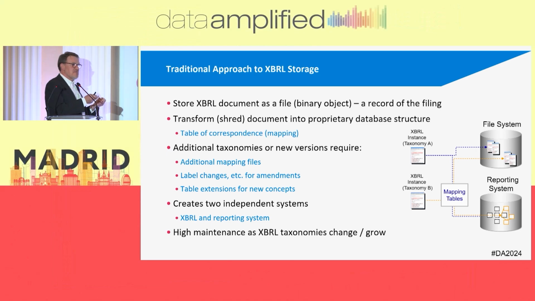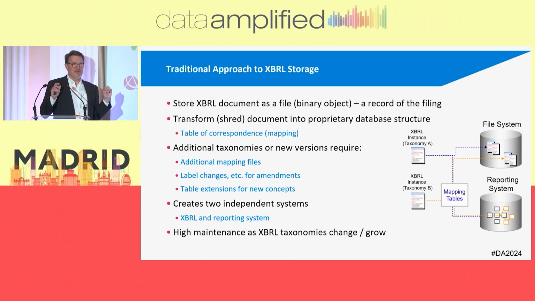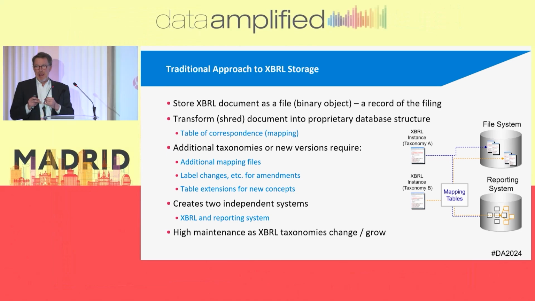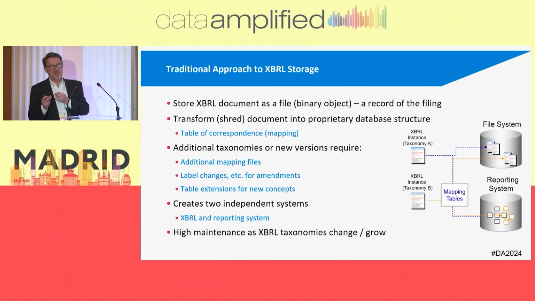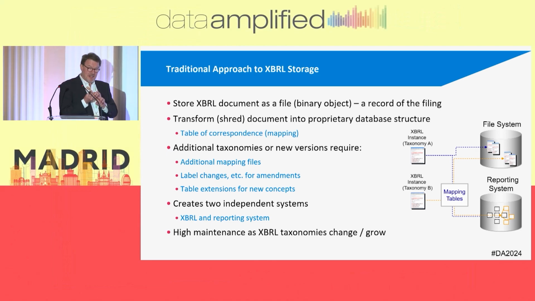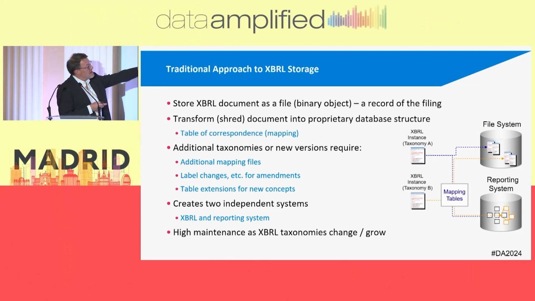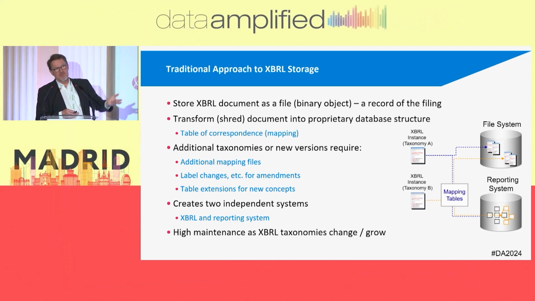And look at a typical NCA in Europe, a National Competent Authority, for those of you not familiar with the language. They've got EBA, CRD, which is, I don't know how many taxonomies now, but modules. You've got EIOPA solvency, you've got pension funds, you've got investment management funds, you've got SF, you've got ESRS coming, and you've got local taxonomies. So think of trying to implement that kind of system for all of those uses.